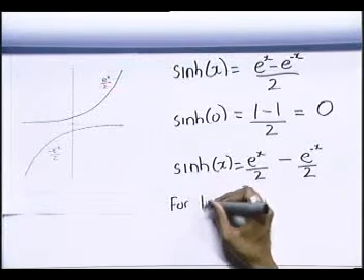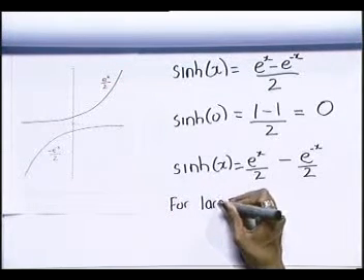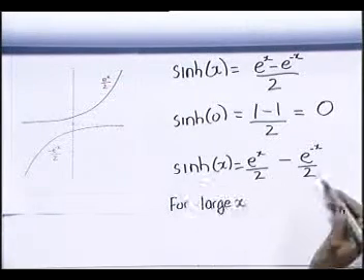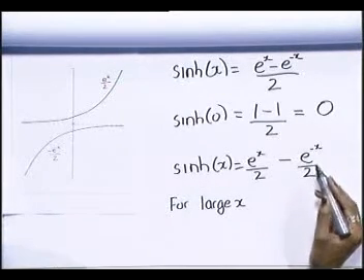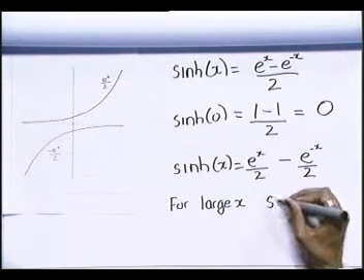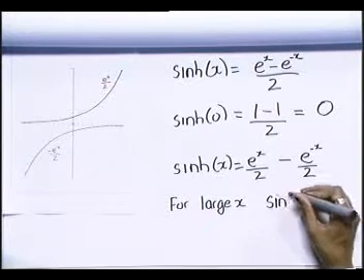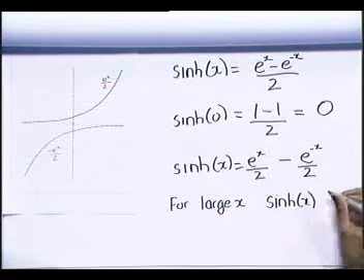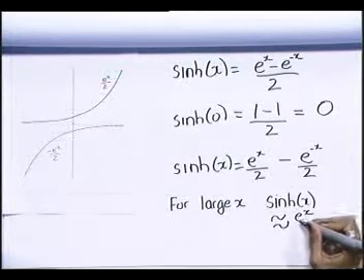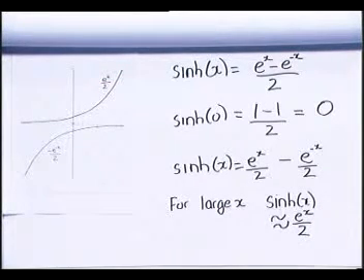for large x, the whole of sinh x becomes closer and closer to e to the x over 2. So now we can draw in that half of the graph.